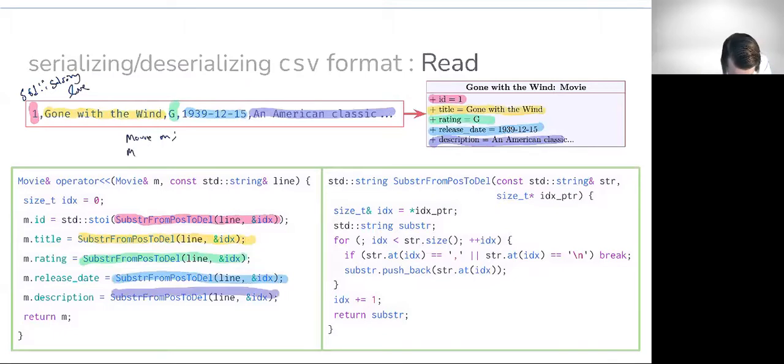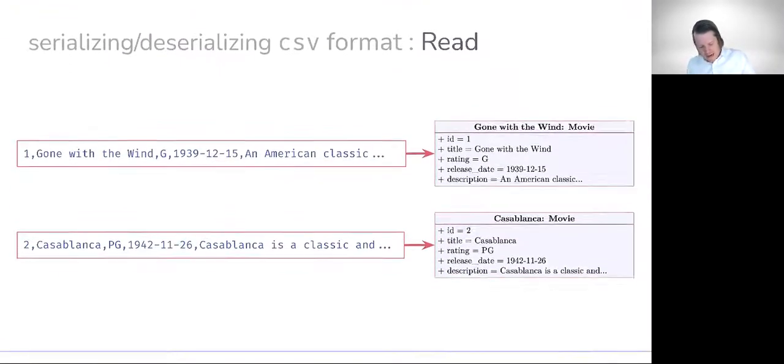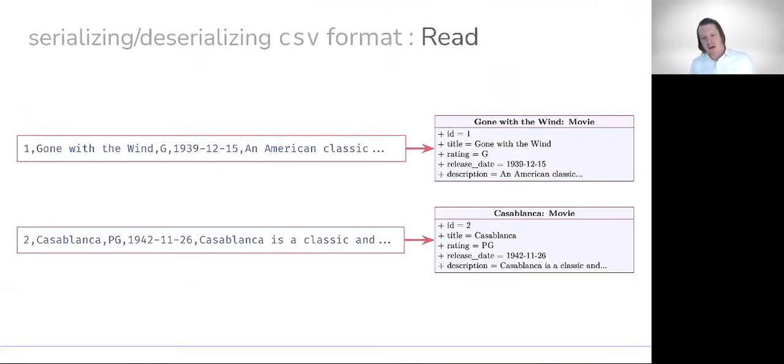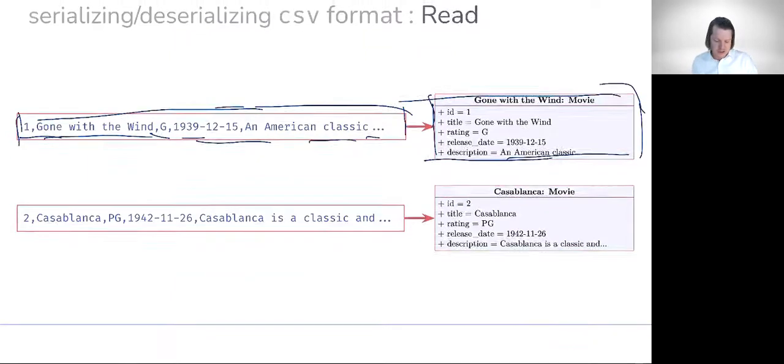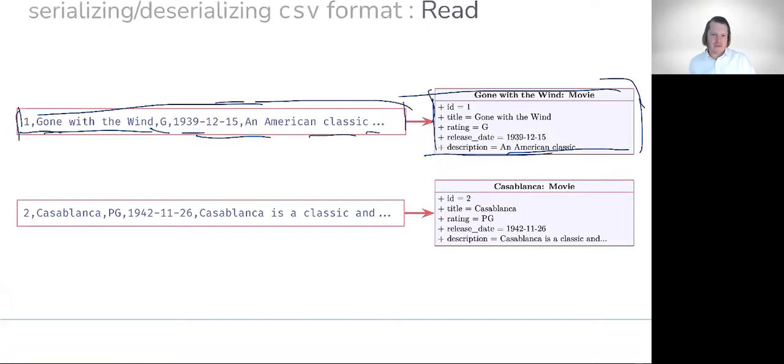And then we used or defined the insertion operator to simply populate the fields of that movie object from the line of the file. We then went ahead and put this together and said, okay, well, we have a way to go from some sort of string representation that has fields delimited with a comma into an in-memory representation of a movie object. How can we do that for each line in the file?